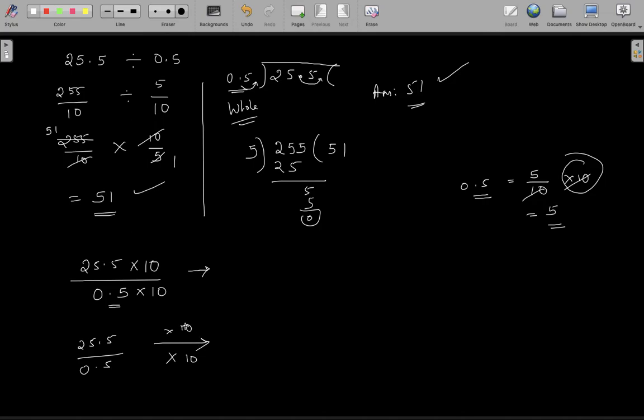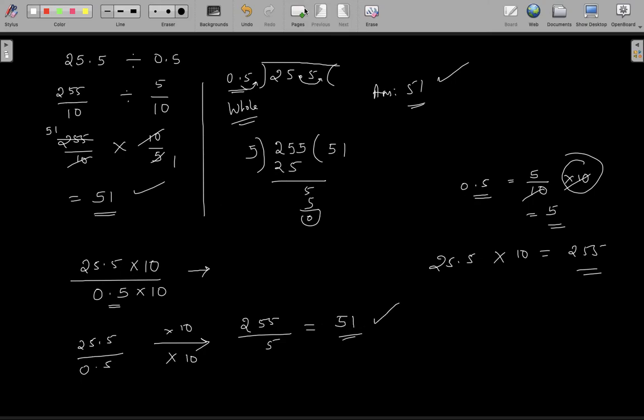So I am multiplying the numerator also by 10. Now I am getting an equivalent fraction which is 255 by 5. You understand? 25.5 when it is multiplied by 10 gives you 255. Incidentally, it has become a whole number here in this case. Both these fractions are equivalent, that is, the value of the two is the same. That's how you can write 255 by 5 as 51 with direct division.